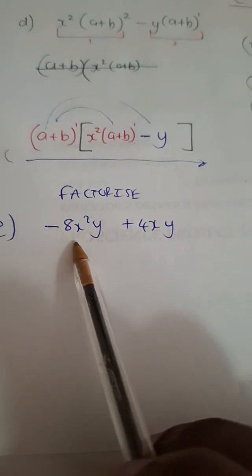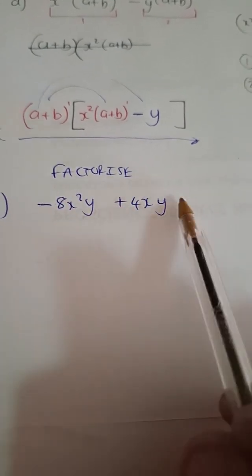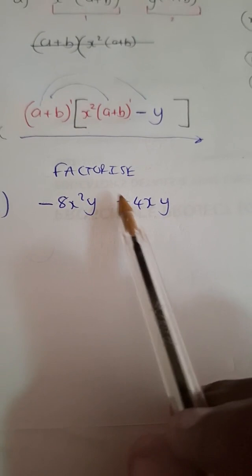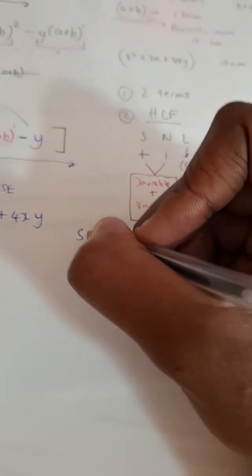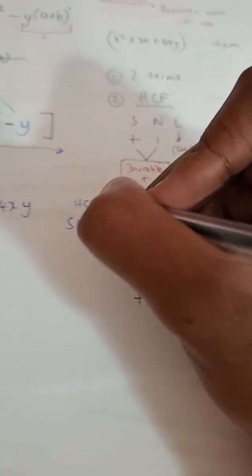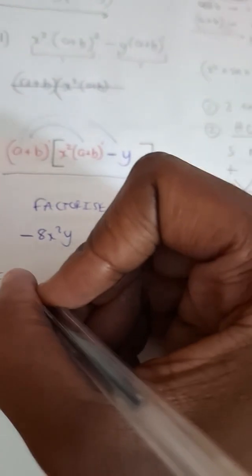What you notice is that the first term is actually this one and the second term is that one because it's separated by a plus sign. So how many terms? There are 2 terms. Then after finding the 2 terms, you use S and L. Yes, so we take out a what?